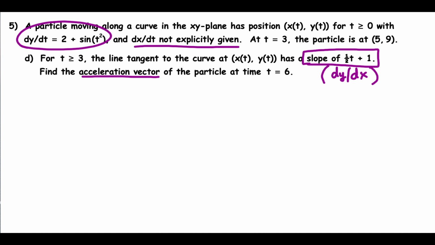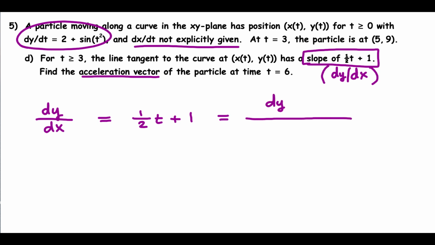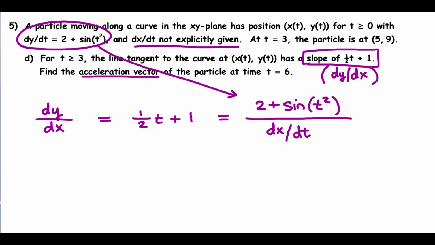All right, let's work through this patiently. We know that dy/dx is 1/2 t plus 1. But I also know that dy/dx is dy/dt over dx/dt. We know that the dy/dt in the numerator is actually 2 plus sine of t squared. So we can bring that in instead. So we know what dx/dt is then.